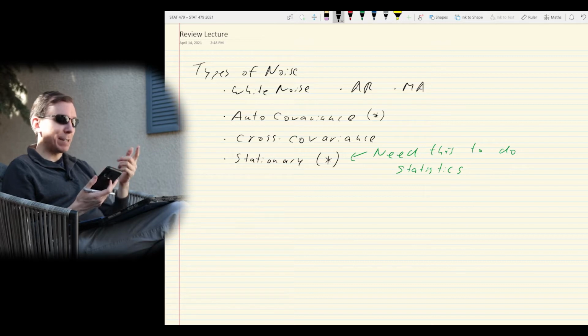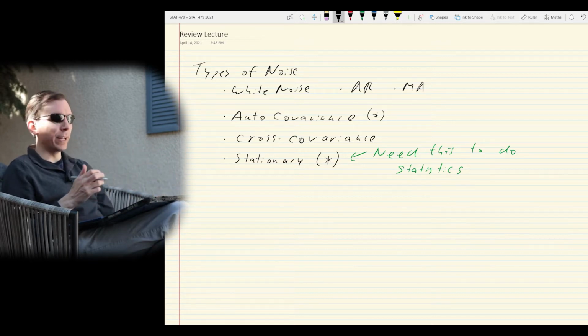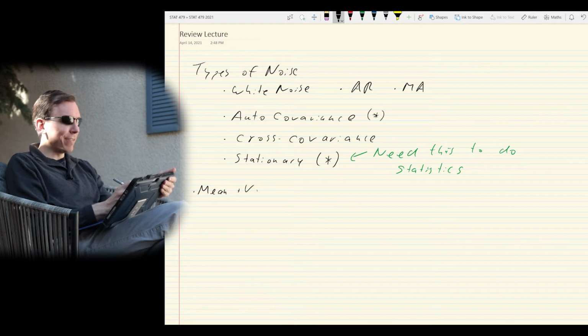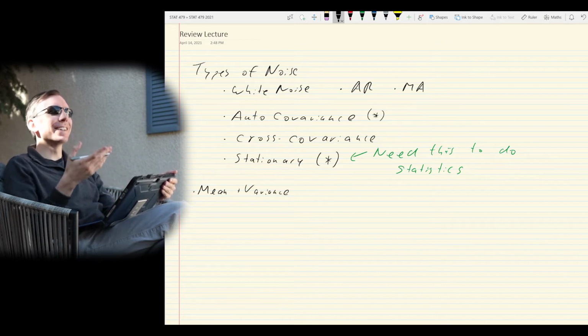Now, we talked about estimating the mean and the autocovariance and even detecting white noise a little bit. So we did things like mean estimation and variance estimation.